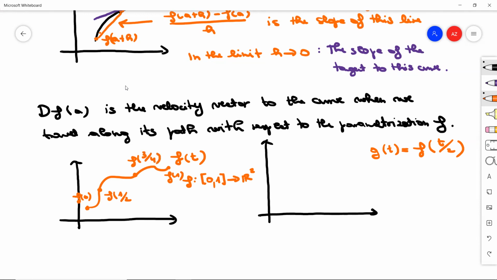And now I take another function g. Now g will be a function from the interval 0, 2 into R squared, and g of t is f of t half. My question is, what is the trace of g? Can you tell me what's the trace of g?